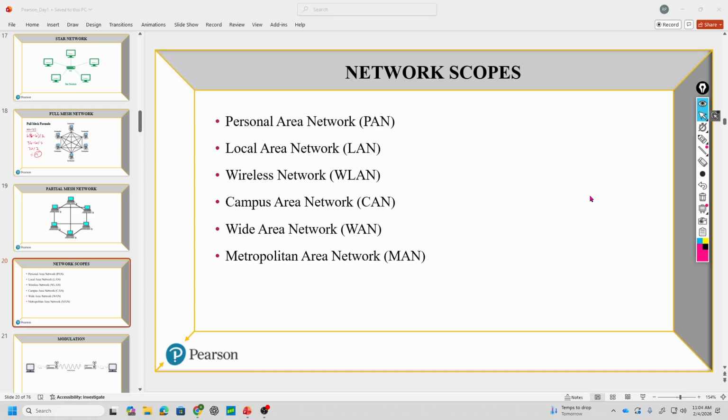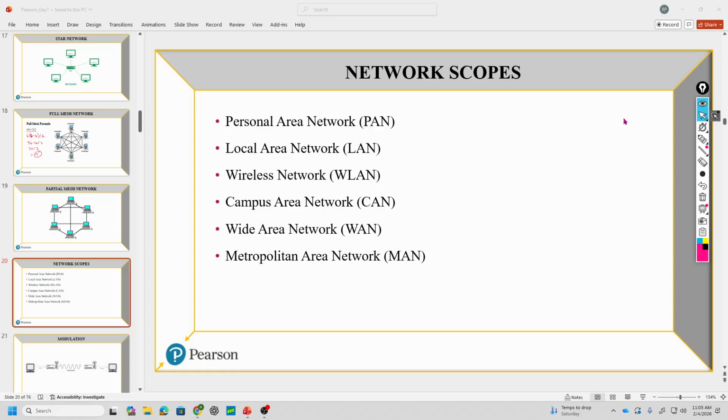So let's talk about network scopes, right? Or how big is it? Well, a personal area network, what is that? That's going to be like your phone and your Bluetooth earbuds, okay? Or if you have a wireless keyboard and a wireless mouse connected to your desktop, it's considered a personal area network.